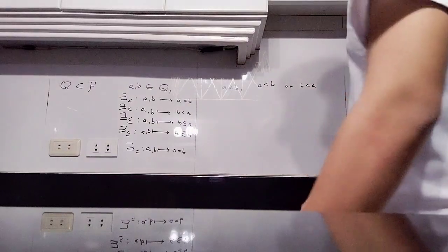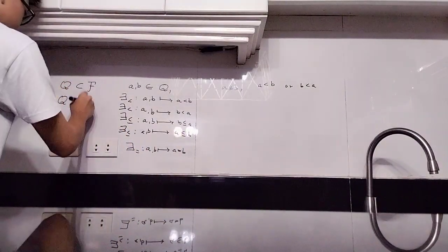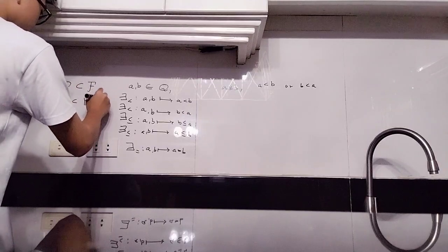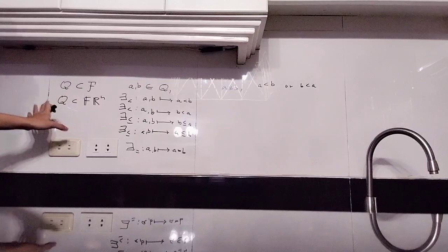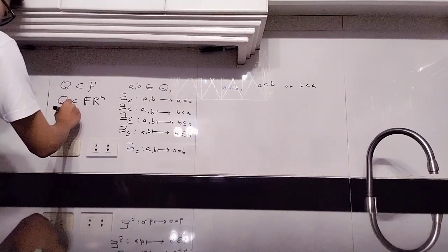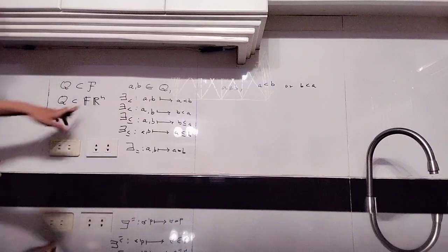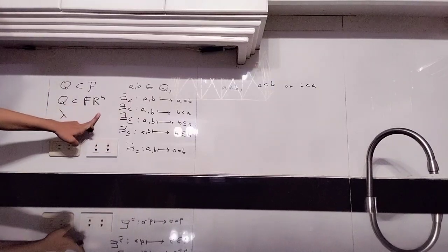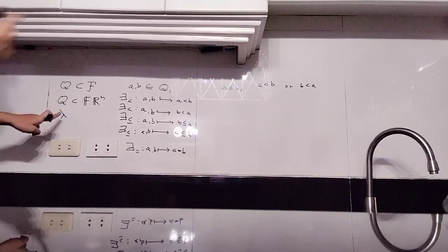Now, if I say that Q is a subset of R^n, of course there's a predefined measure. I can use the Lebesgue measure on this. I can take just lambda, because every subset of the real numbers satisfies the Carathéodory criterion, which I will discuss in another video.